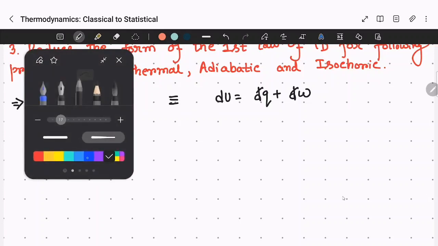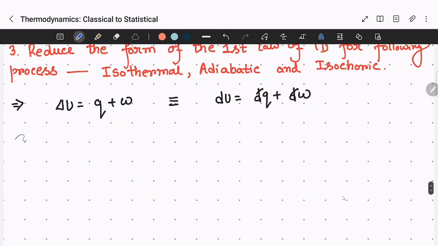Isothermal means there is no temperature change. Iso means constant, thermal means temperature here. So for isothermal processes, dT is 0.